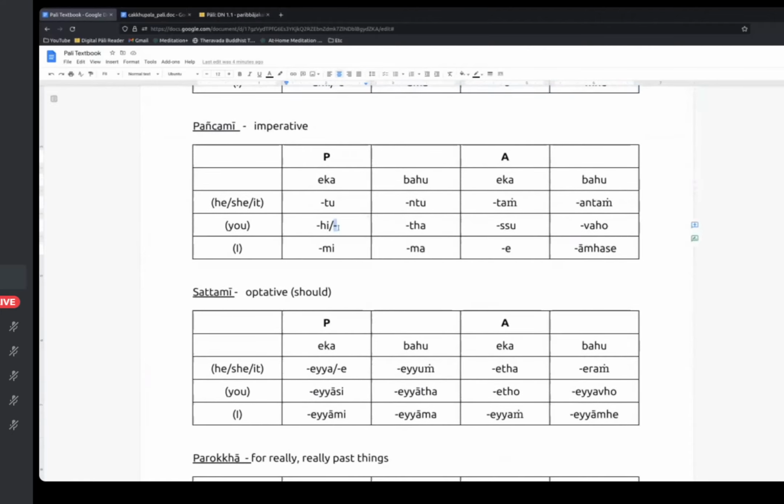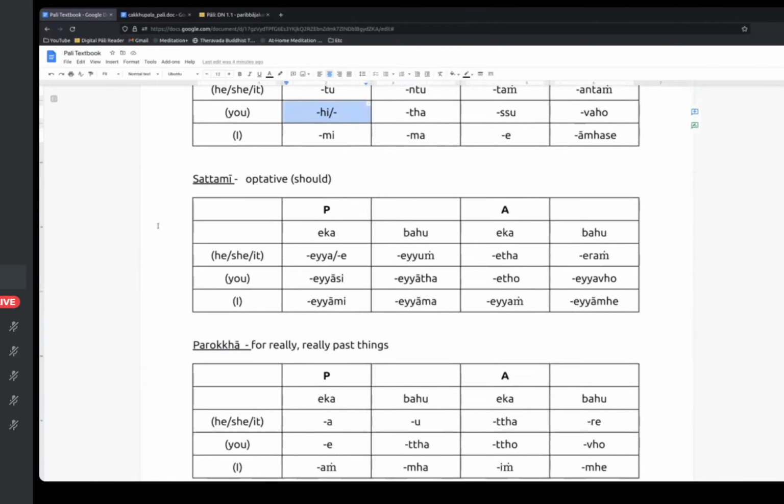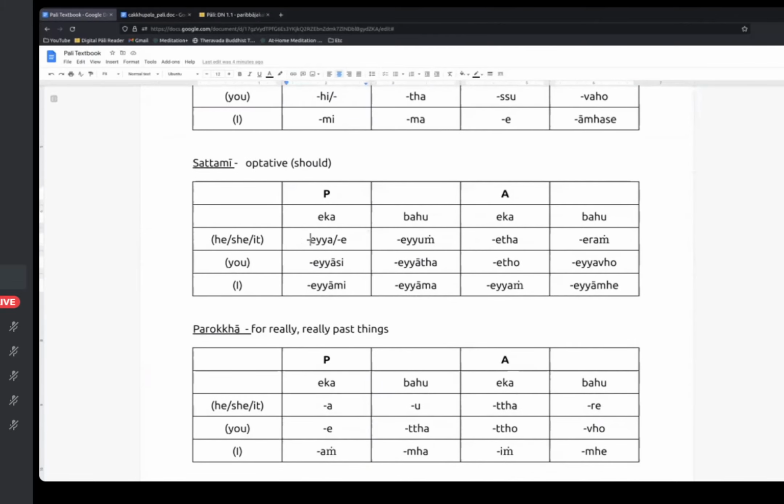Point out here that this means the ending is often just to not put an ending. So this is not an error. This actually means nothing, that you actually don't add an ending. So like gaccha, when you say gaccha, and you'll see that, gaccha means go. It's telling a single person to go. Sattami, as I mentioned, has this eyya, and not always, not in the atanopada. And yeah, here's an example.